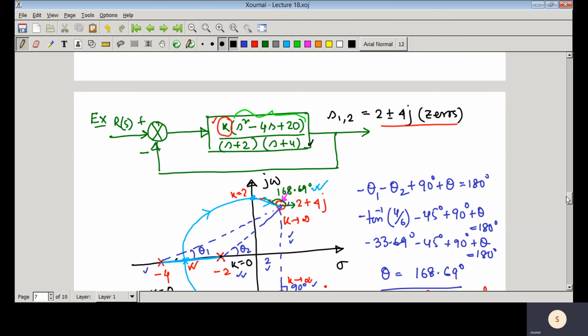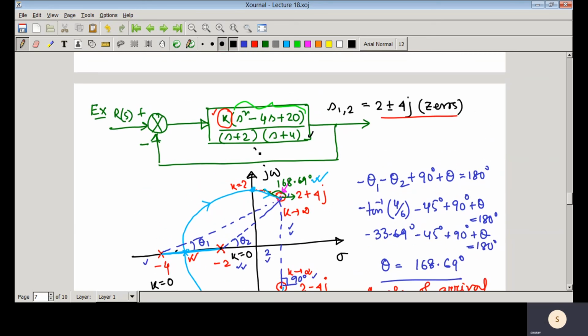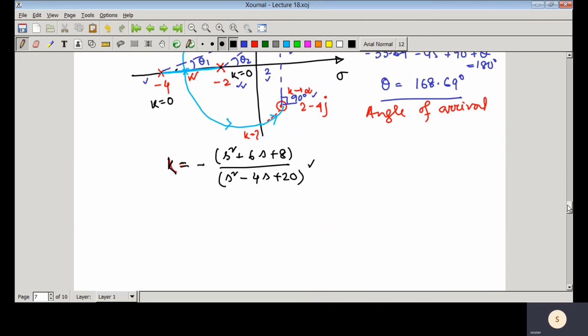So it will go to that numerator, so that means it would be minus s square plus 6s plus 8 divided by s square minus 4s plus 20. So we are getting it from the characteristic equation.